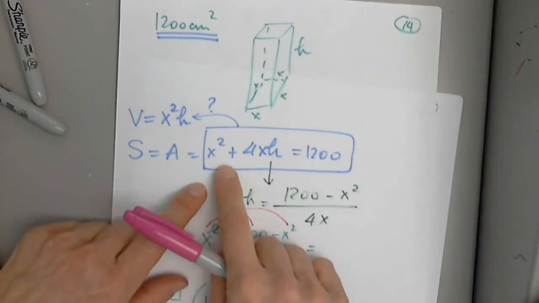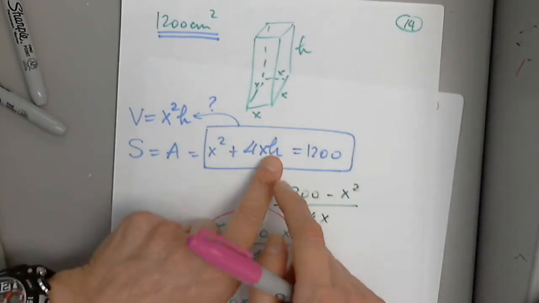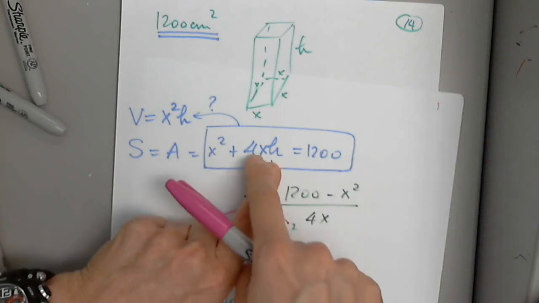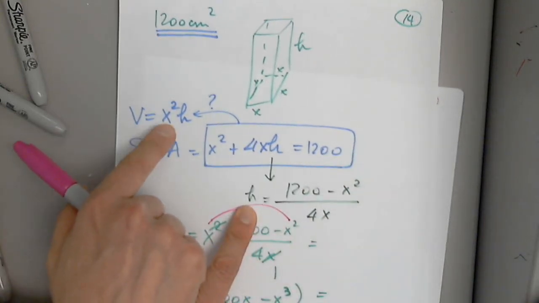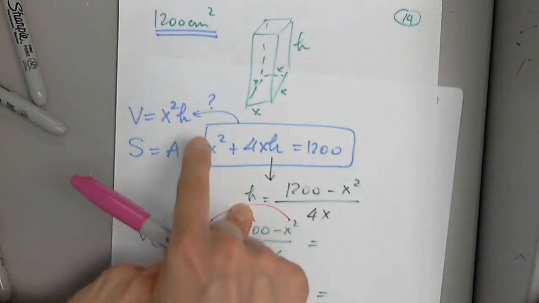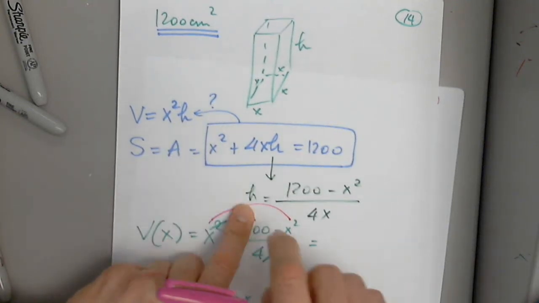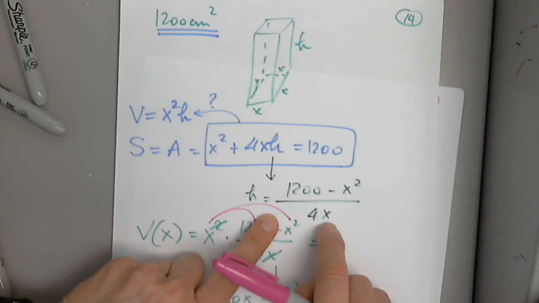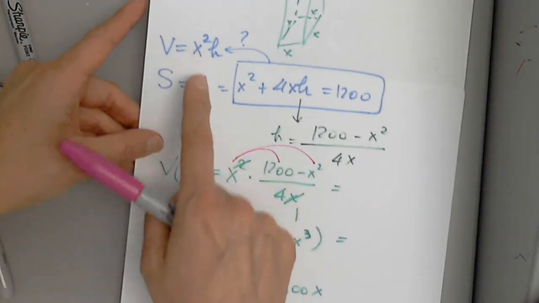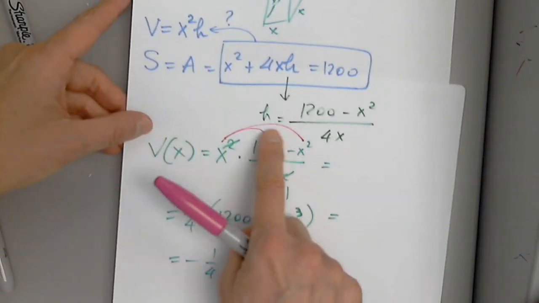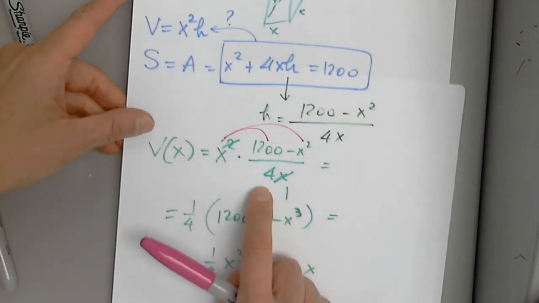So we solved this equation for h, subtracting x squared and dividing by 4x. Then I went back to the volume and I replaced h in the volume by (1,200 minus x squared) over 4x, and I multiplied by x squared. So here's the x squared and here's the h. I just copied it from here.